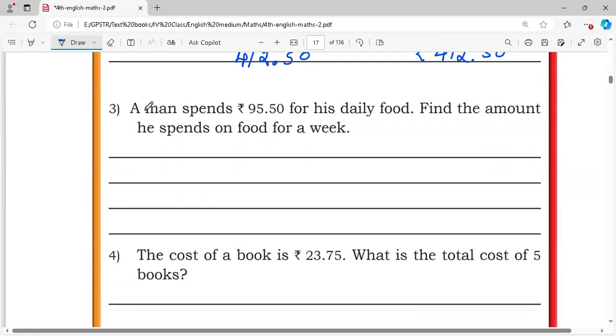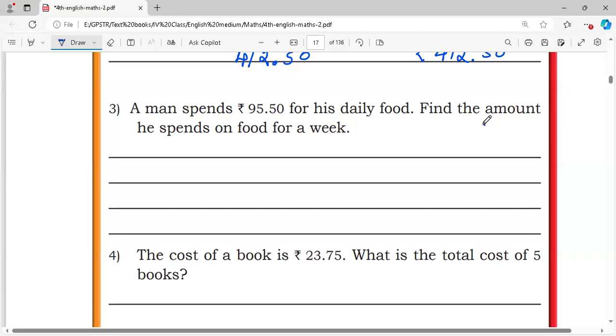Third one, a man spent 95 rupees 50 paise for his daily food. Find the amount he spends on food for a week. In our time videos, we saw how to calculate week problems, days and months problems.